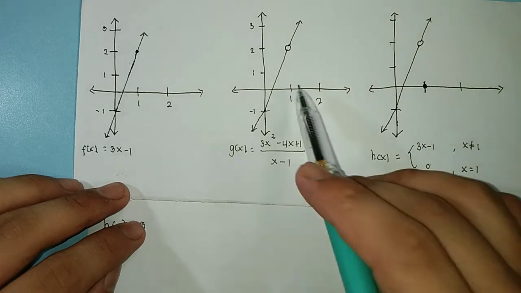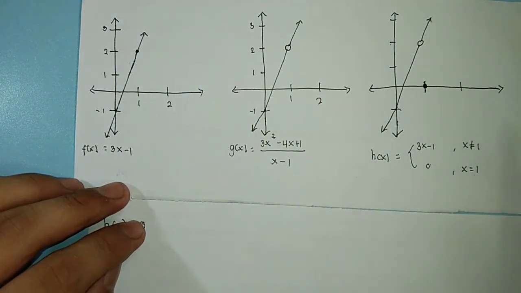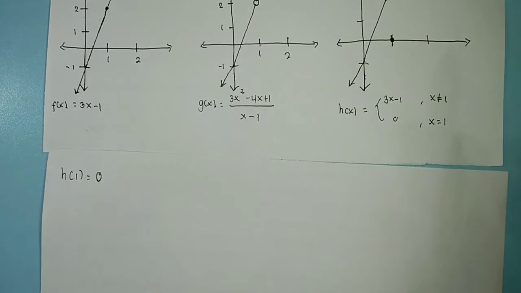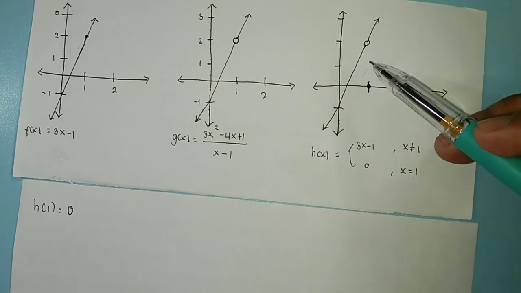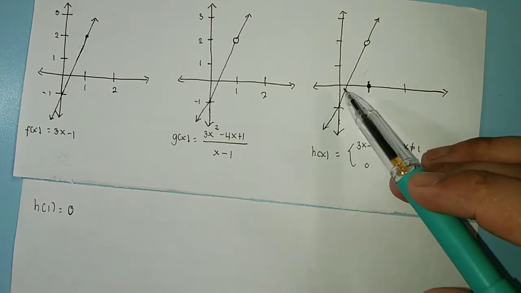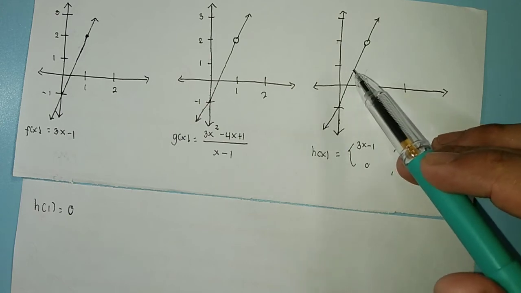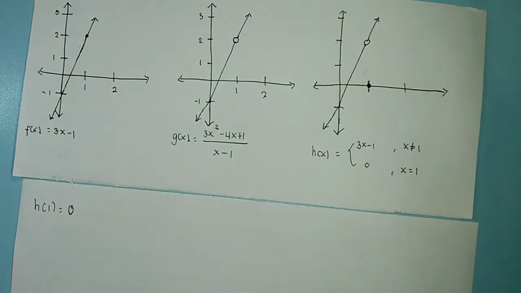Okay? But they are identical except at x equals 1. So, dun sila nagkakaiba. So, ibig sabihin, kung i-observe din natin yung mga values ng x from the left side na nag-a-approach dito sa 1, then yung values ng h of x natin mag-a-approach din sa 2. Same din sa f of x tsaka g of x.